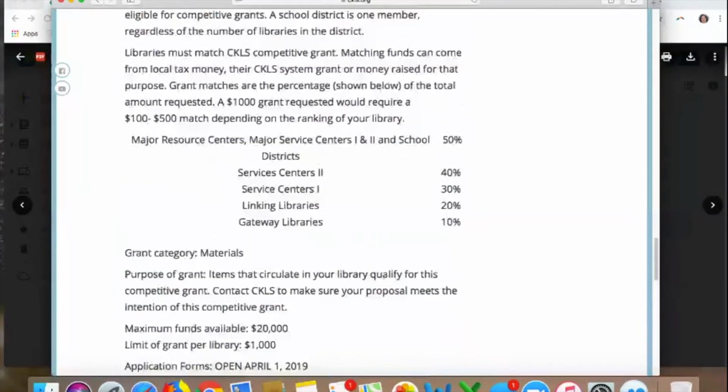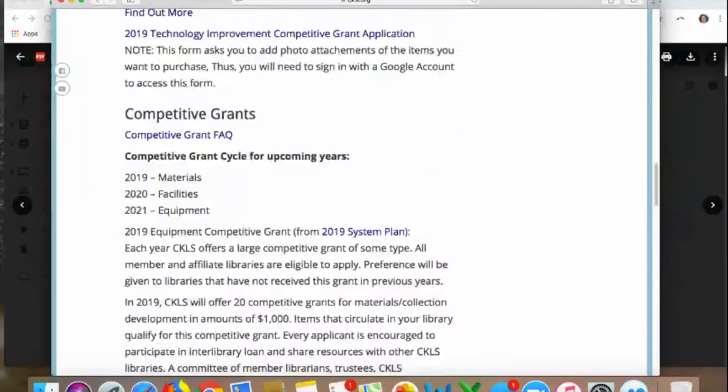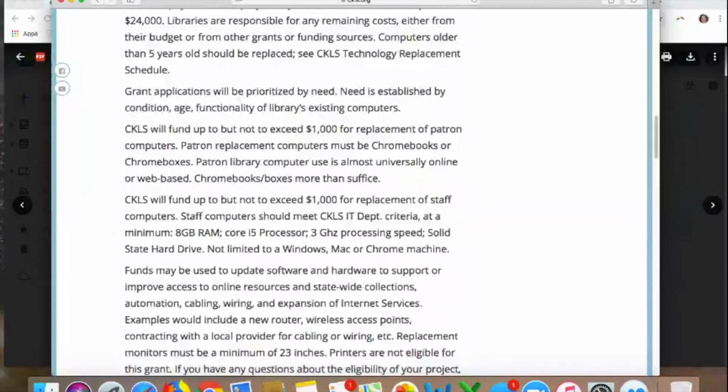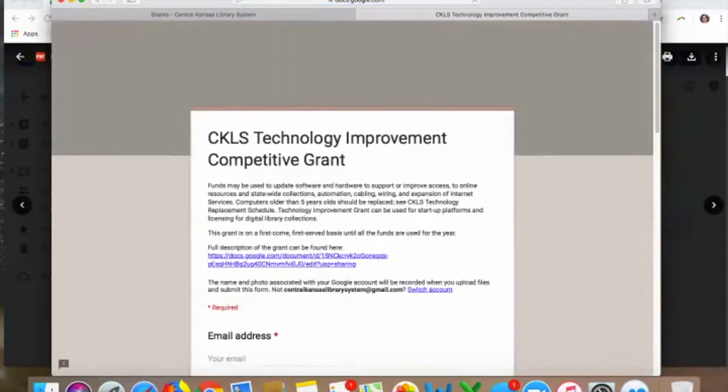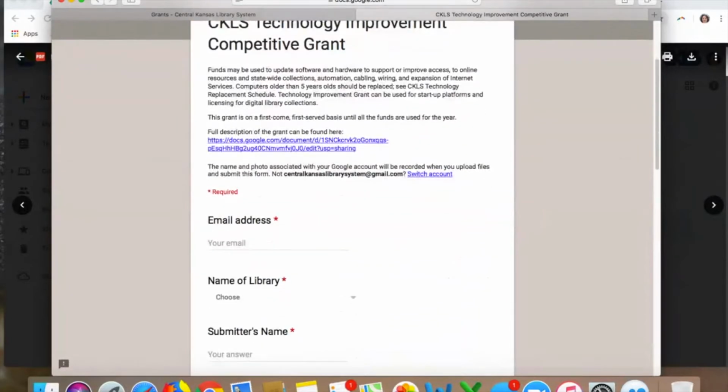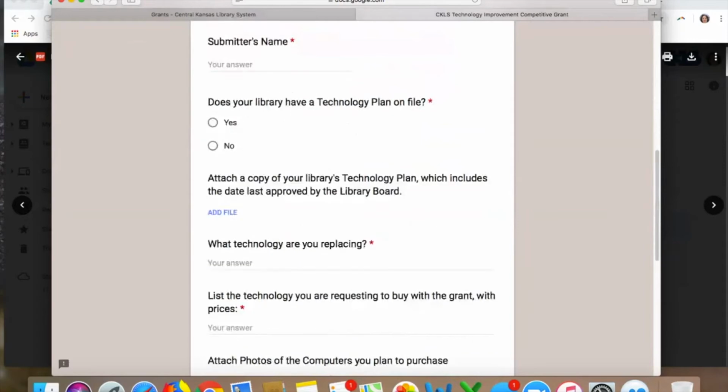The other one I wanted to spend some time on here is the technology improvement grant. In this one, there's a lot more details and criteria, so take some time and read through it, because we have been very specific about what equipment can be purchased with this technology grant.